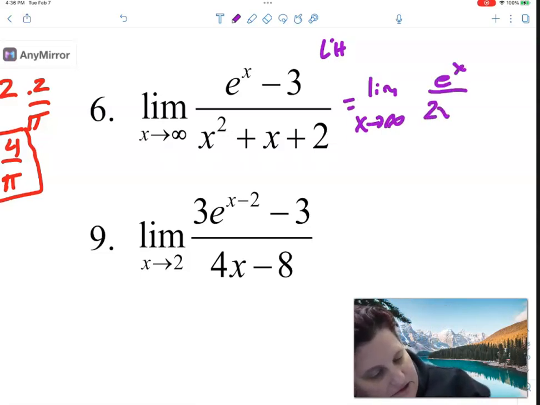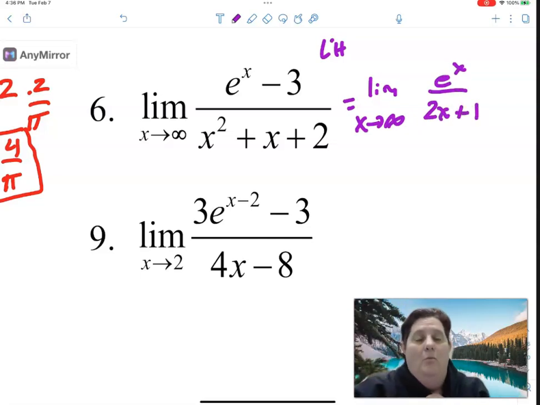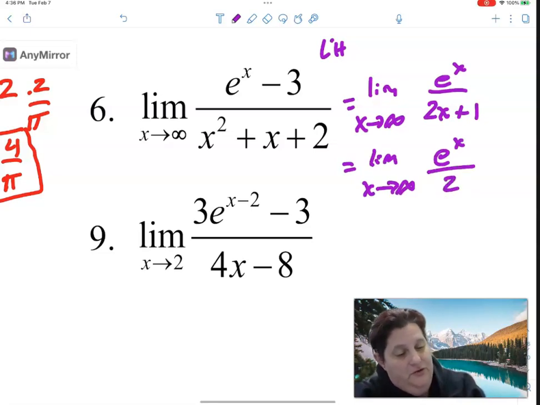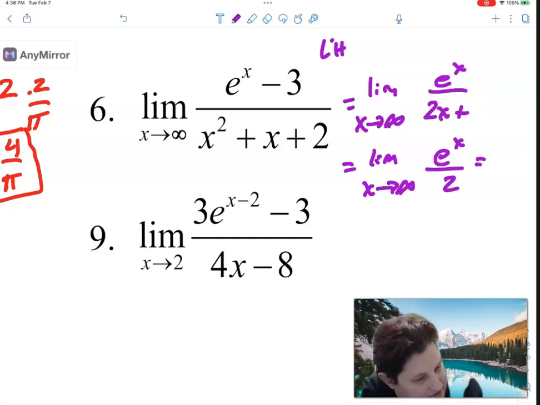The derivative of the bottom is 2x plus 1. When I try to plug in infinity, I still get infinity over infinity. So I'm going to do it one more time. One more L'Hopital's rule. The derivative of e to the x is e to the x. The derivative of 2x plus 1 is 2. Now this time when I plug it in, I end up getting infinity over 2, which is infinite. So this does end up going to infinity.